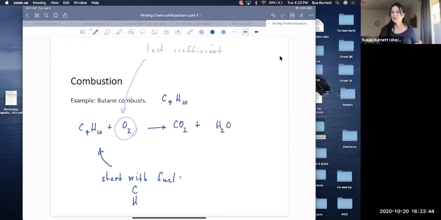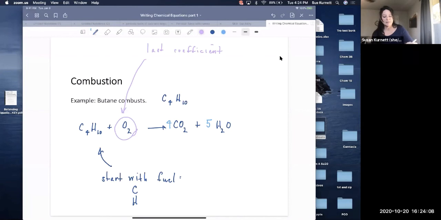So let me start with the fuel. There are 4 carbons on the left. I need 4 carbons on the right. There are 10 hydrogens on the left. I need 10 hydrogens on the right. Because each water has 2 hydrogens, that means 5 units of water.